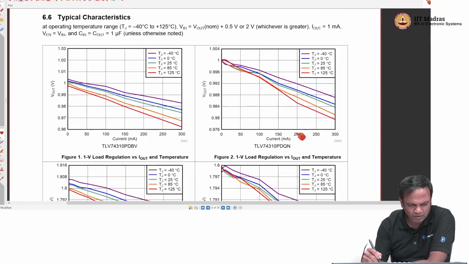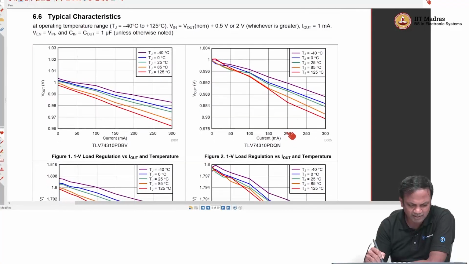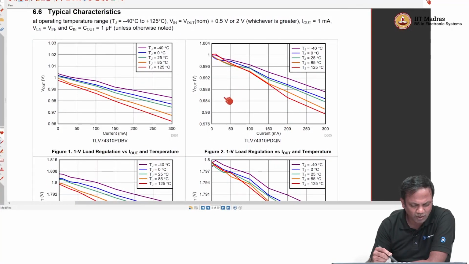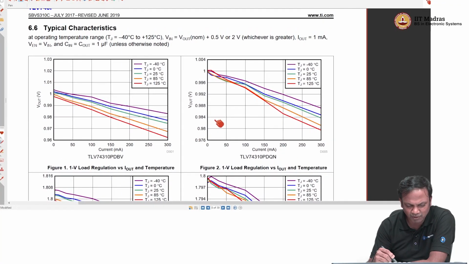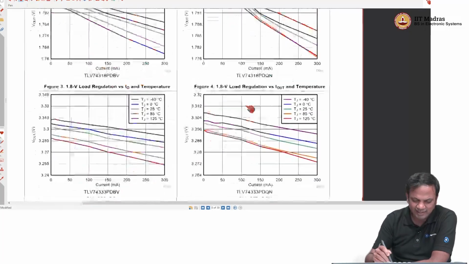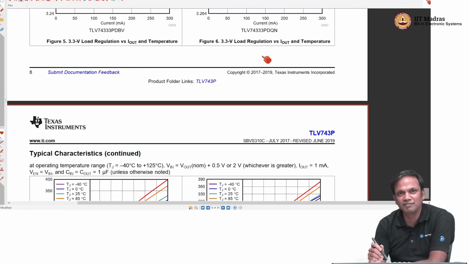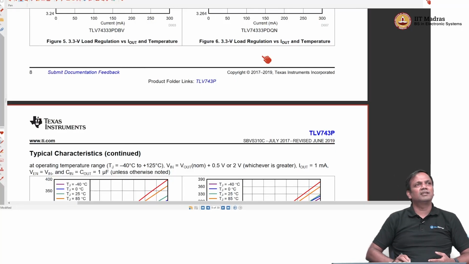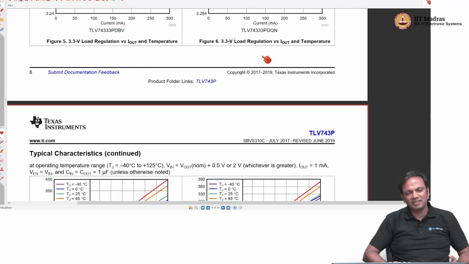So, what is also instructive to understand is, now that I know how the voltage performs, or let us say I am interested in load regulation for different temperature conditions, that is available as a plot. So, a data sheet usually has a lot of additional information. Let us say you build the product, you are testing it, suddenly you notice something that is inconsistent.